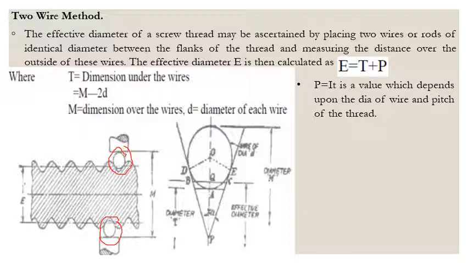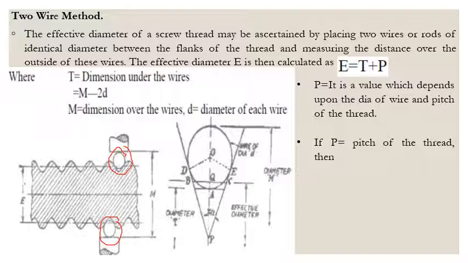P is a value which depends upon the diameter of the wire and the pitch of the screw thread, and T is given by T is equal to M minus 2D, where M is the dimension over the wires and D is the diameter of each wire. The wires used in these methods, whether one wire, two wire or three wire, we call best size wires, and these are standard size wires.